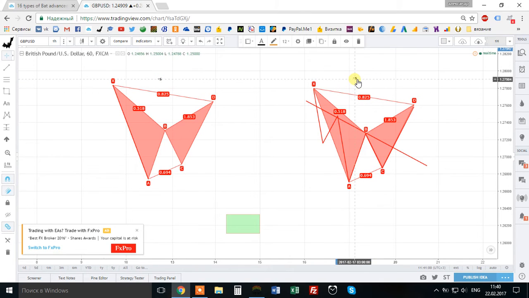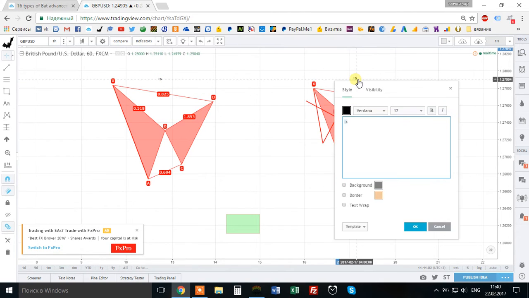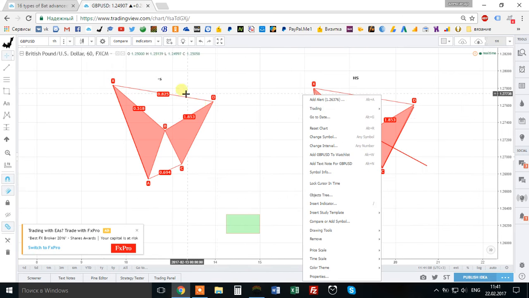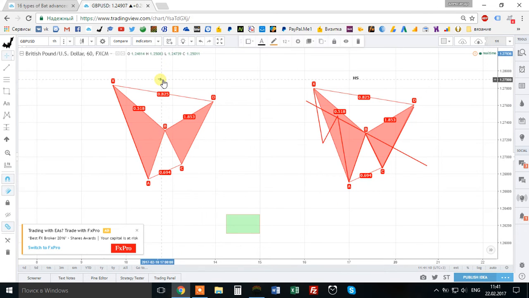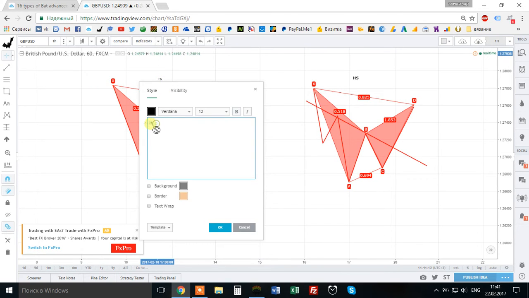HS. So the first letter or the two letters of my classification. Let me do this. HS, and this should be S.